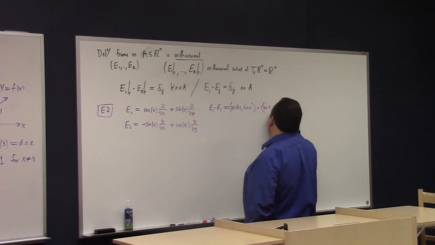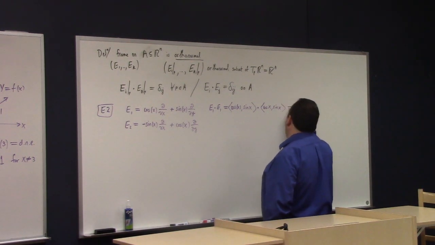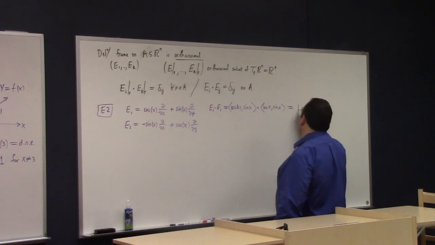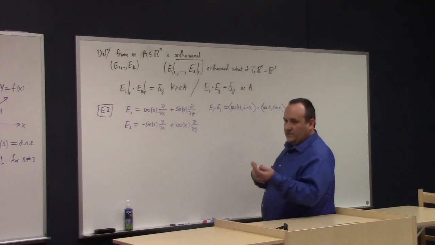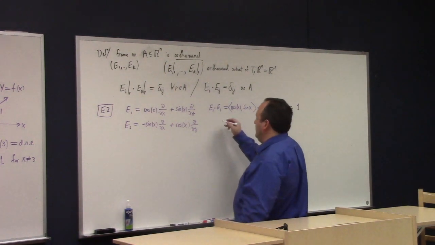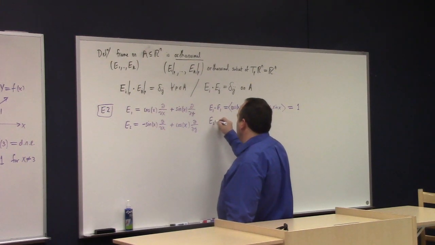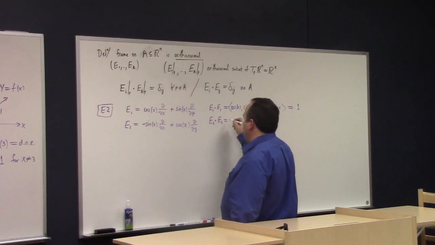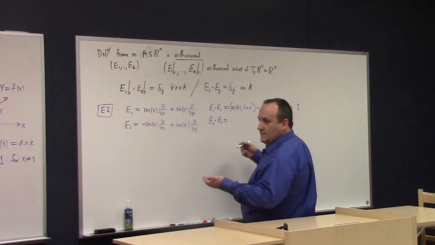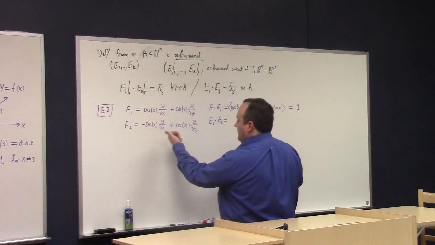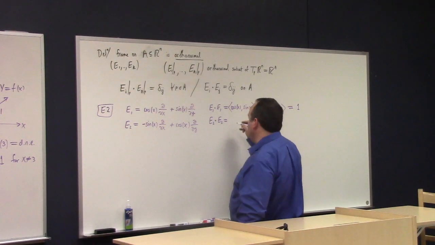That would give me 1, because sine squared plus cosine squared is 1. And likewise, if I calculate E2 dot E2, I would again get sine squared plus cosine squared, which would be 1.